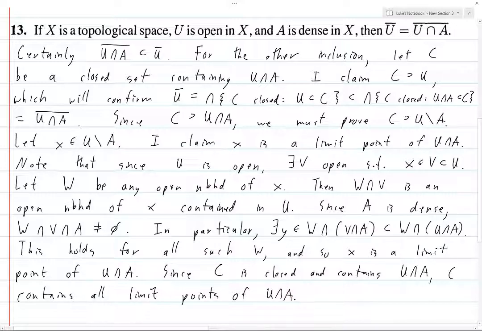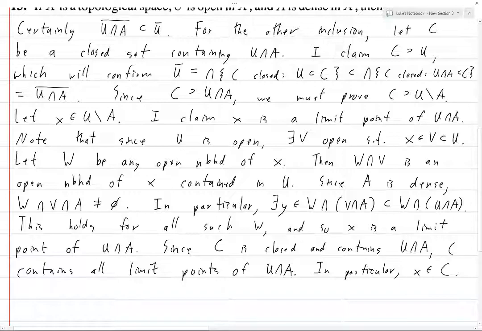Because C contains all of its own limit points because it's a closed set, and so in particular it contains all limit points of the subset U intersect A. So C contains all limit points of U intersect A, and in particular, since x is a limit point of U intersect A, x is in C. So what does this tell us?